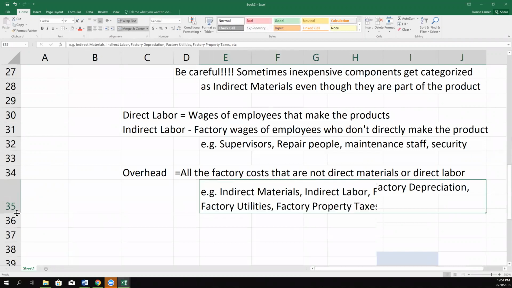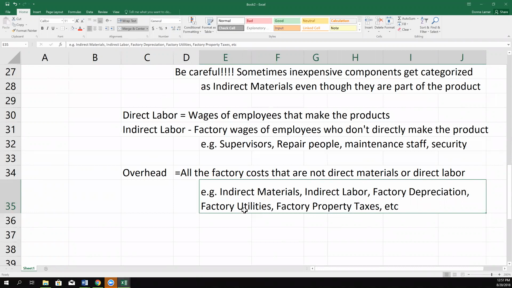Okay, let's see what we got here. Indirect materials and indirect labor, those are part of overhead. They just get thrown into this big pile of costs called overhead. It's like everything else to do with the factory. And then depreciation, utilities, property taxes, anything else. If it says it's to do with the factory and it isn't a labor or a material that goes directly into the product, throw it in this category.